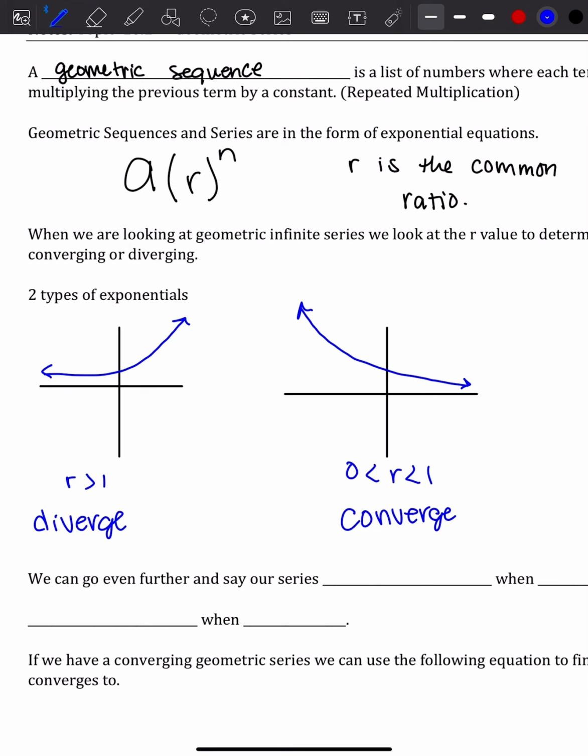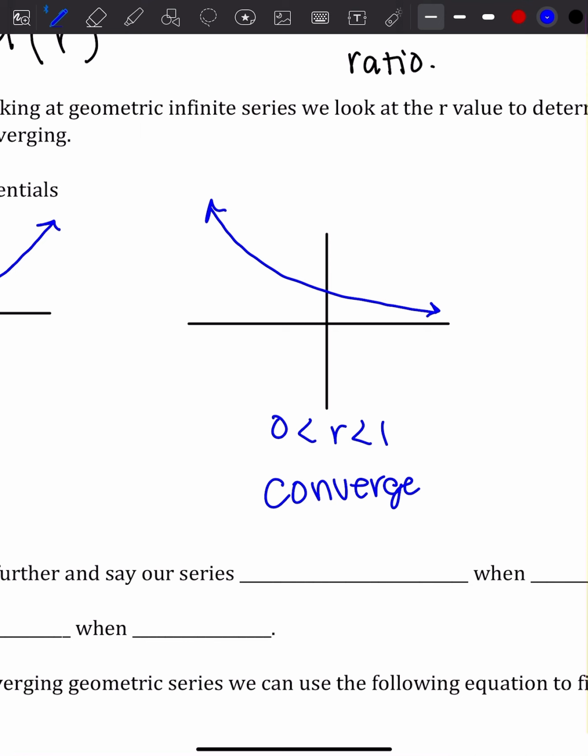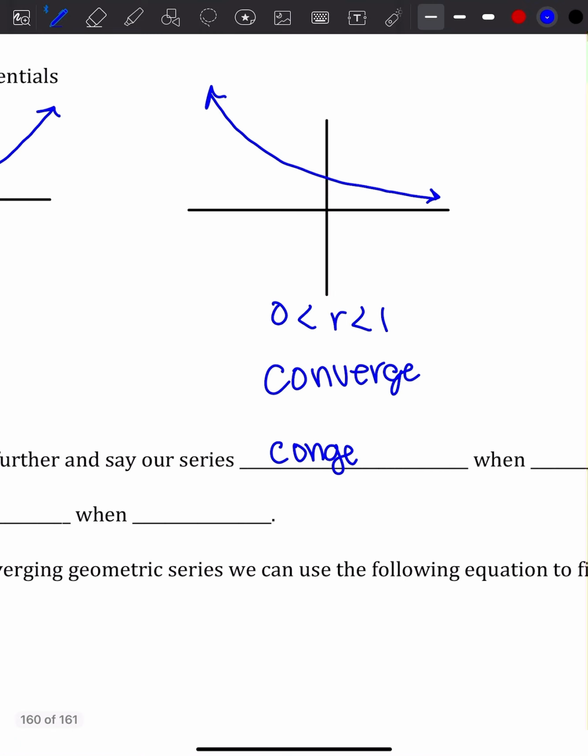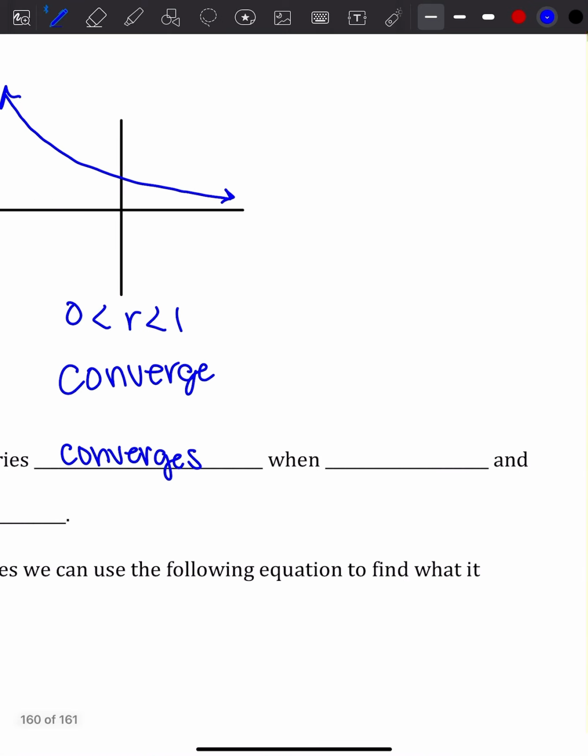So we can go even further to say our series converges, that is not how you spell converges, I just skipped a couple letters in there. Converges when the absolute value of R is less than 1.